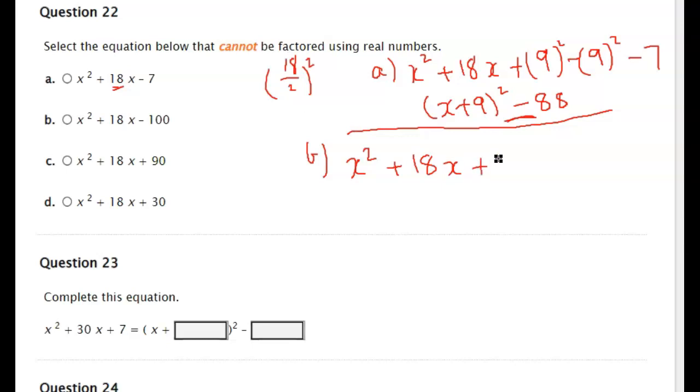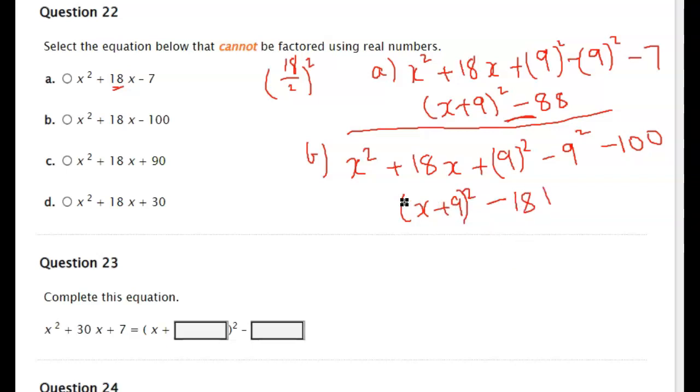So plus, similar to before, the only thing that is changing is this minus 100 at the end. Okay, so I'm still left with (x plus 9) squared, and then negative 81 minus 100 is, got my bracket there, minus 181.